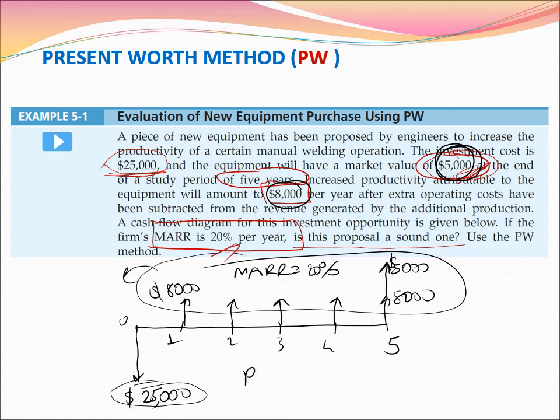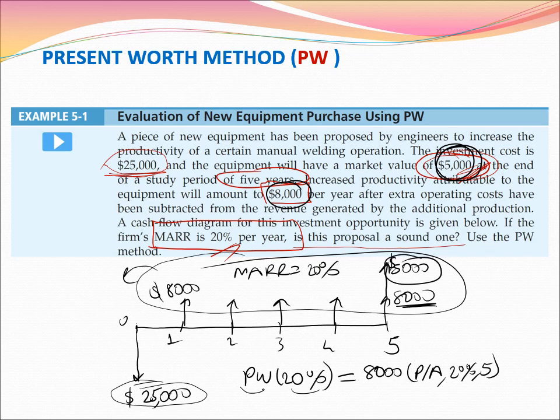The present worth with 20% MARR, sometimes we represent it like this. How can I find the present worth of the cash inflow? This 8,000 is a uniform payment series, so P given A, 20% and 5. And what about this final 5,000? I need to find its present worth, so plus 5,000 P given F, 20% again and 5.